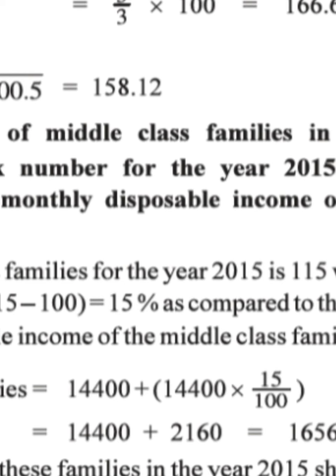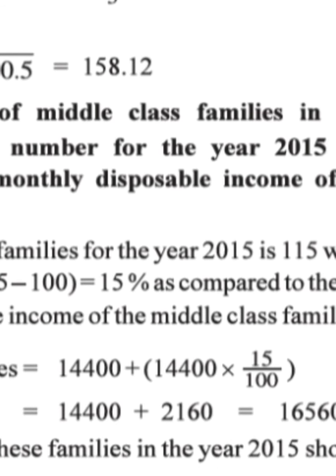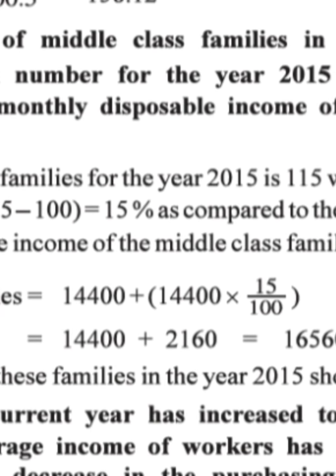To get the increase, we'll just multiply it by 100 and divide it by 100, because for the base year the index number is 100. So 14,400 plus 14,400 into 15 divided by 100.